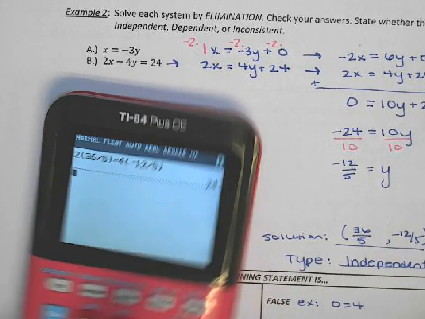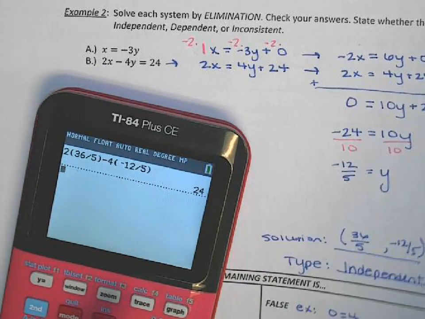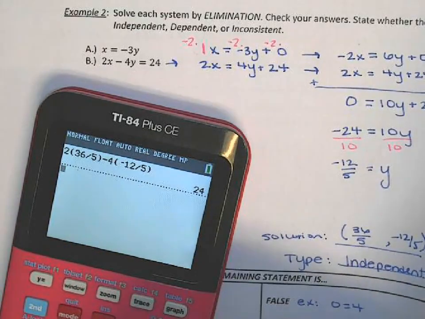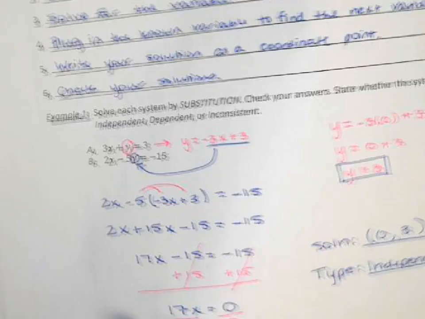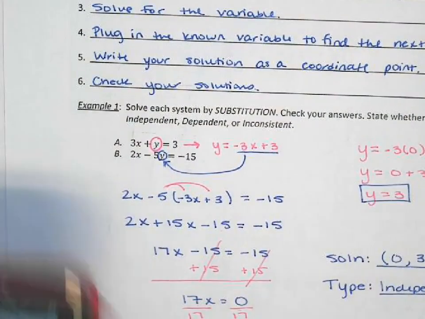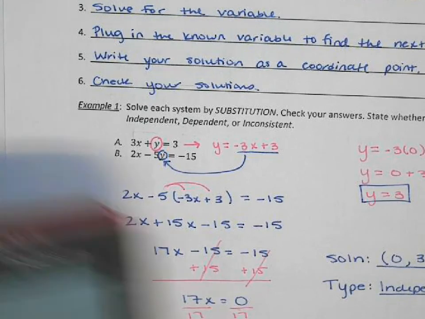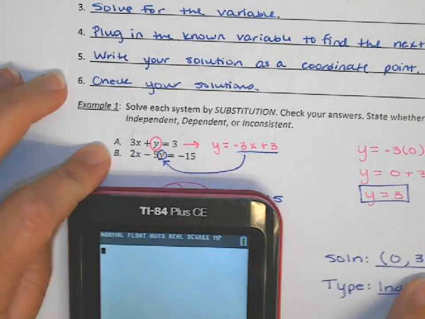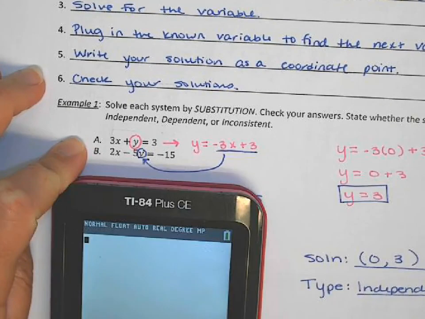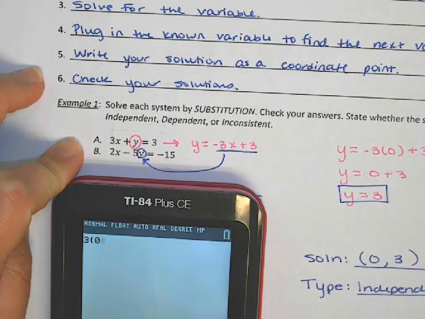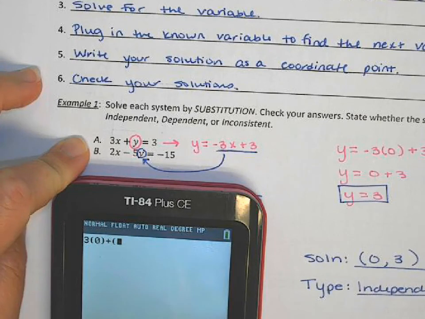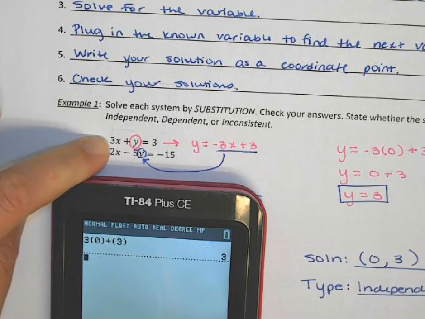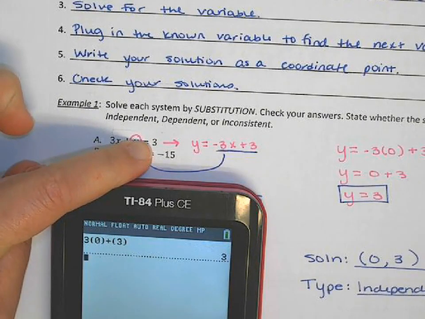Okay, now we're going to go back and check on the first page too because we skipped that one. So it's good to do. If you want to wait till the end and go back and check them all, you can do that, or you can check as you go. This one, our x is 0, and our y was 3. So 3 times 0 plus y, which is 3, equals 3 on the left side, and the right side is 3.